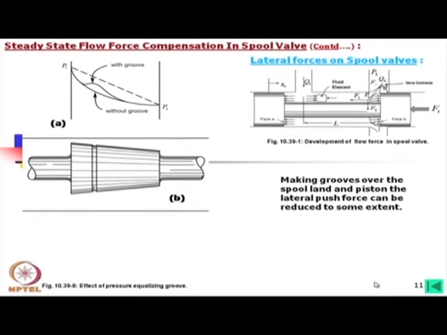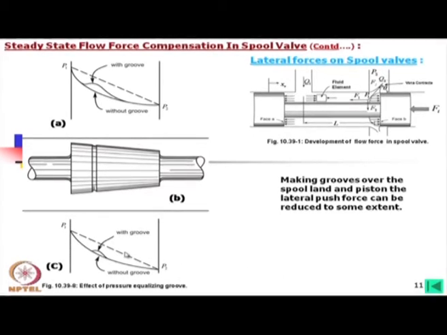If we look into the other side of this spool, this side also has a difference in pressure distributions. Here the difference is larger, as this deviation was more, and in that case a little less.